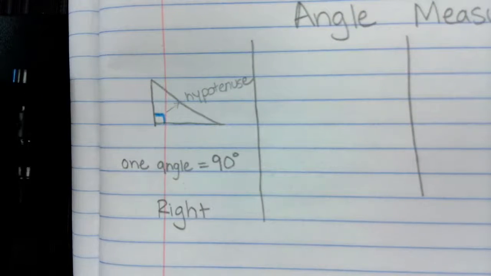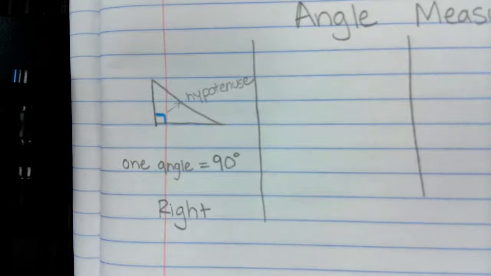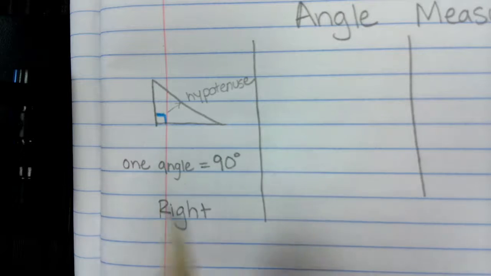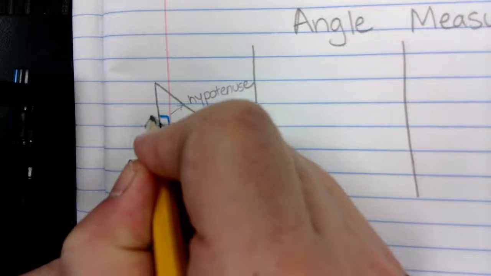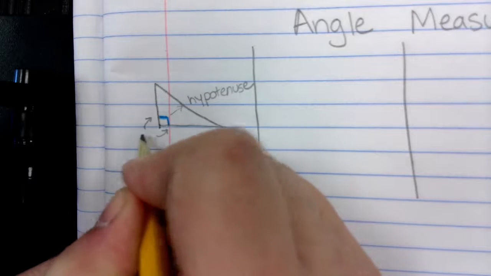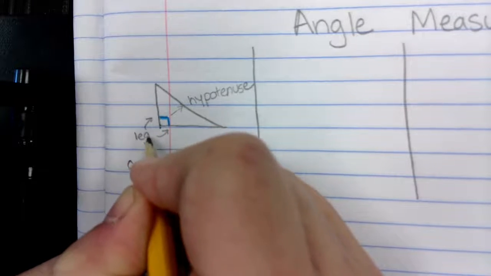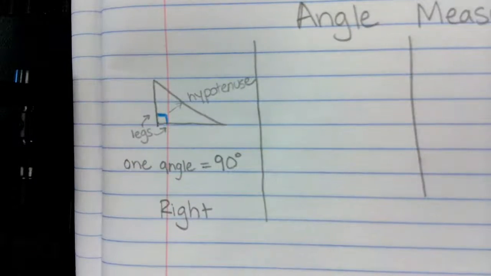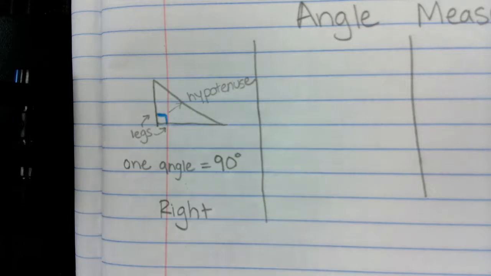The other 2 parts are the legs. Alright, so that's if one angle is equal to 90 degrees.